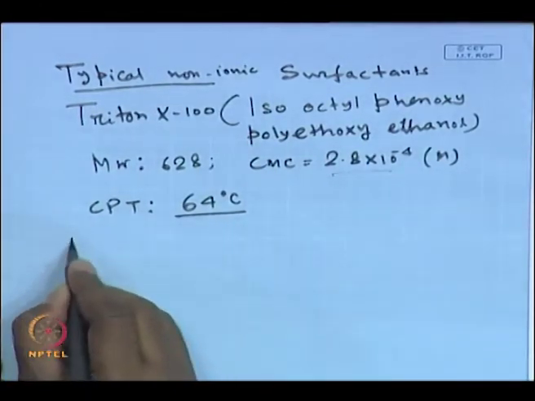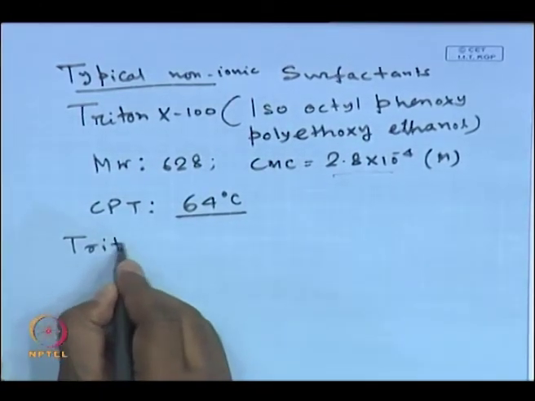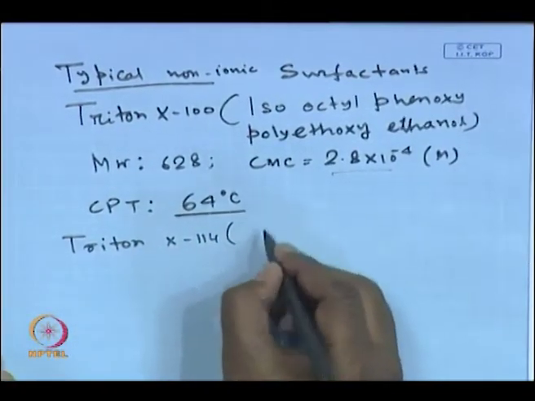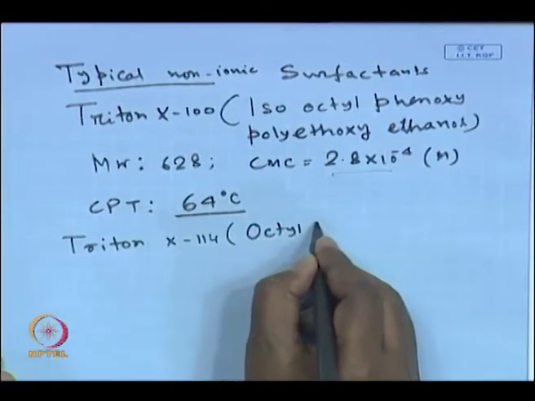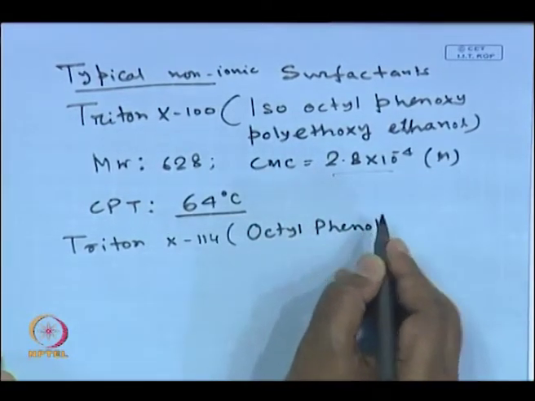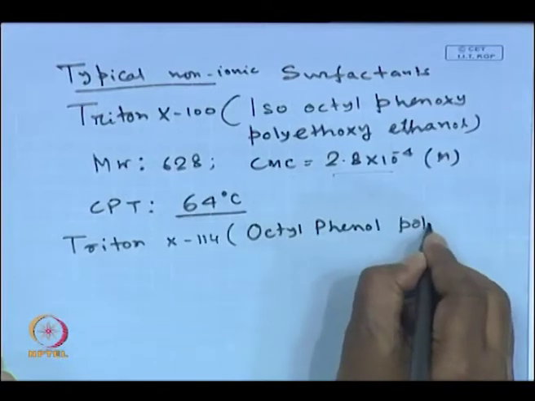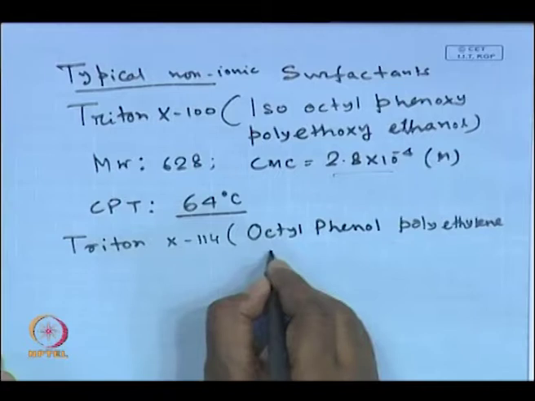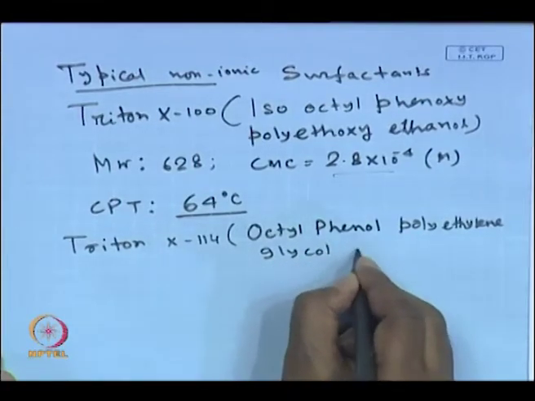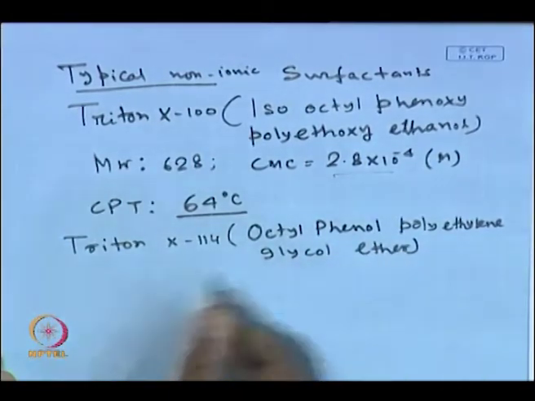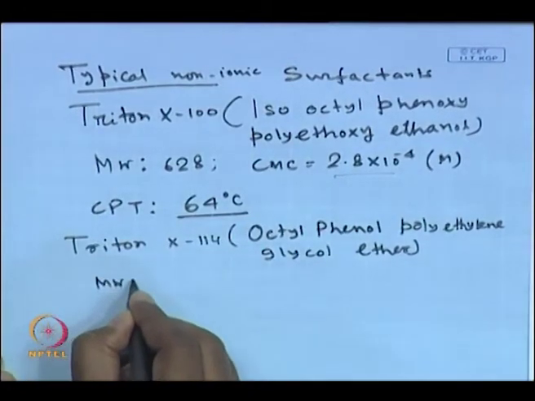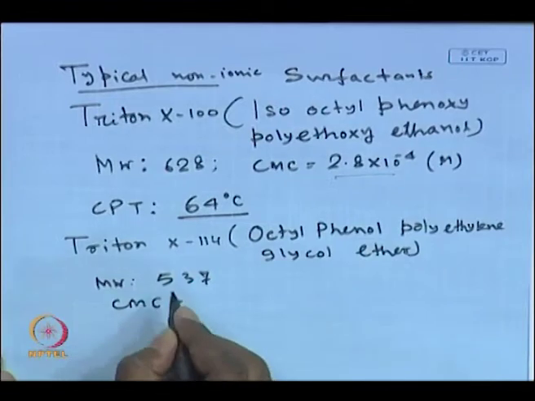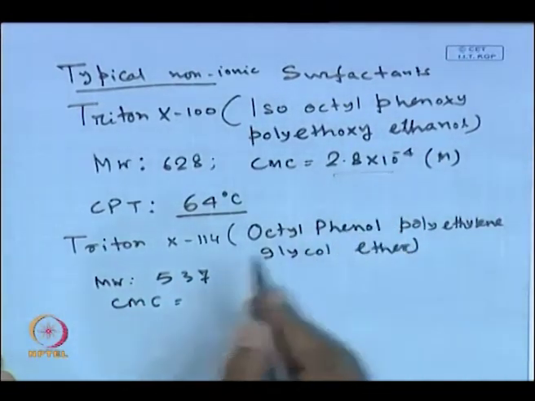The next common non-ionic surfactant is Triton X114. Its name is octyl phenol polyethylene glycol ether. It has a molecular weight of 537. It has a CMC in the same order of magnitude as that of Triton X100.